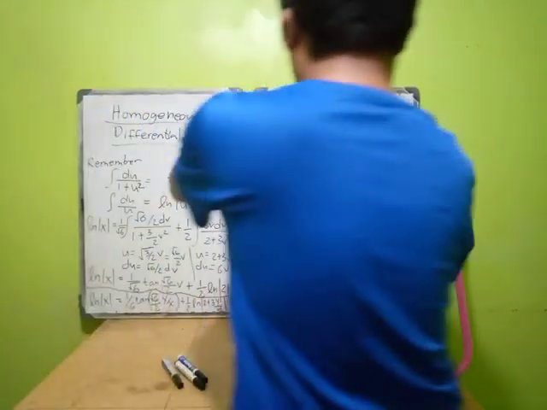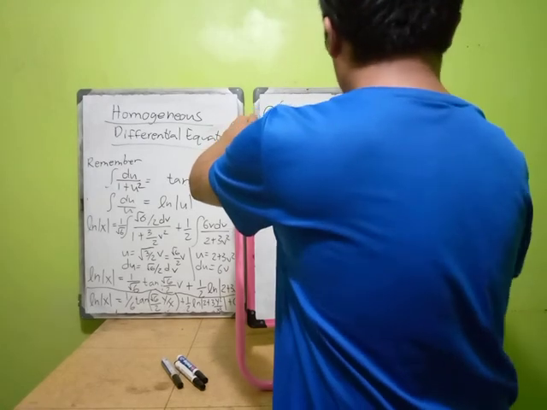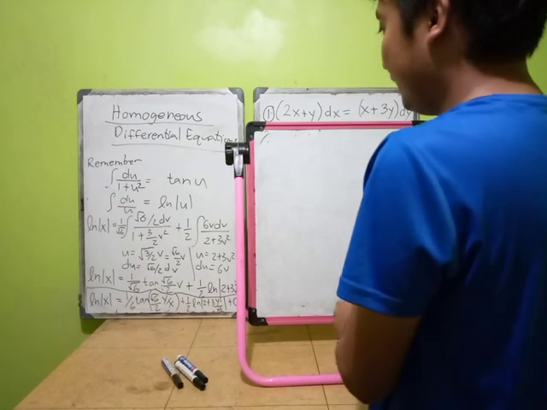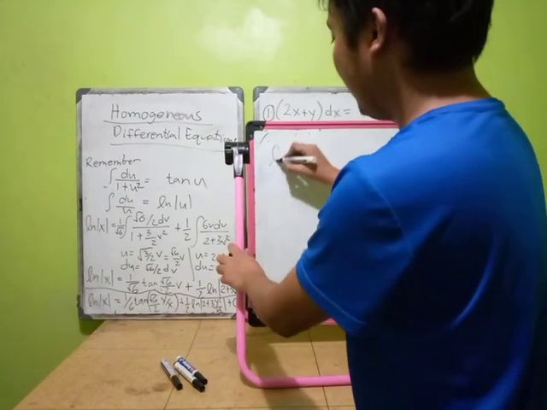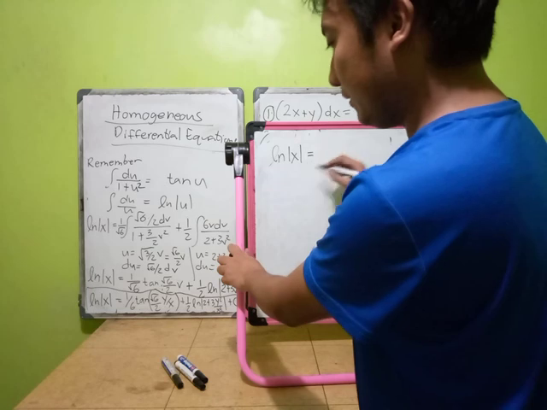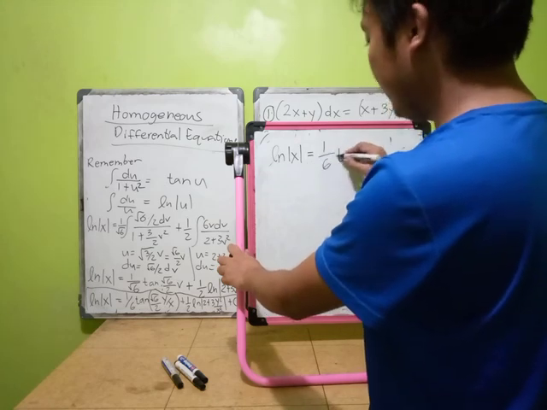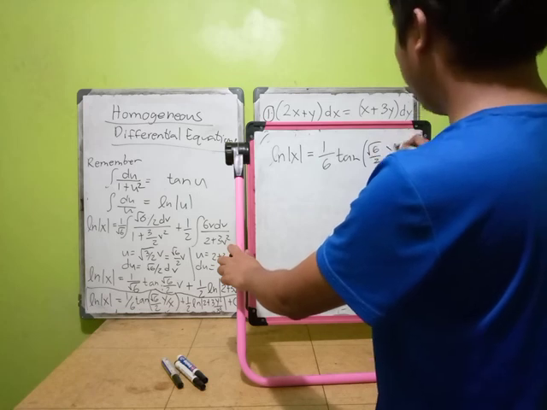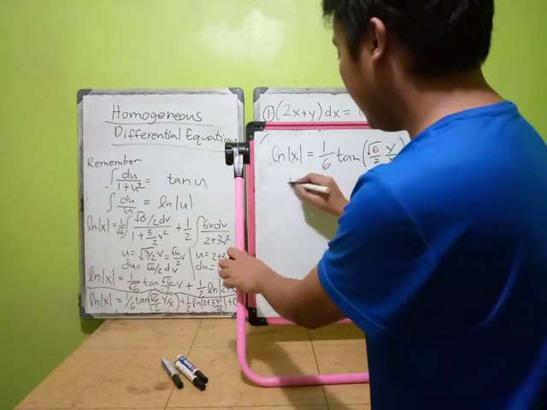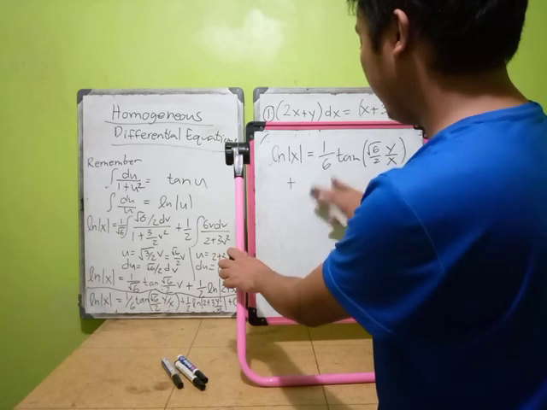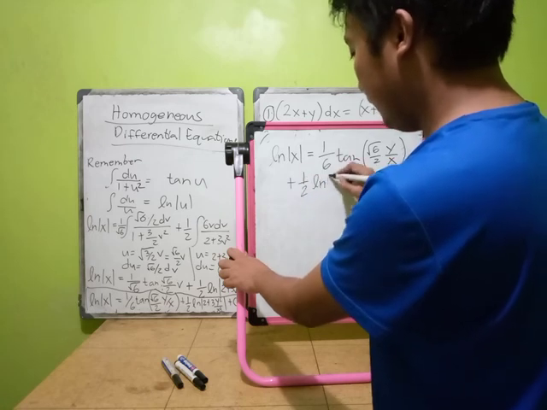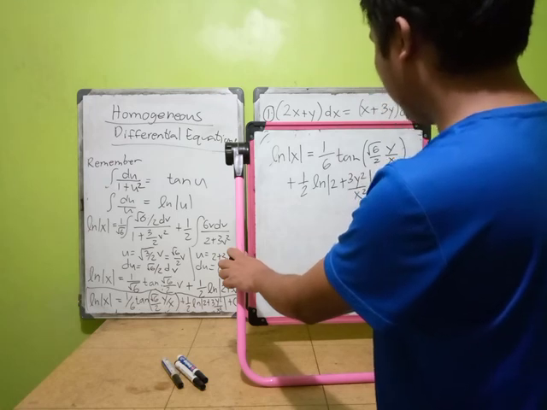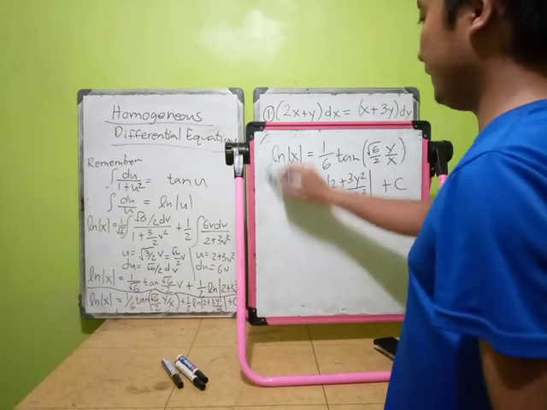So, yung final natin na sagot is, para mas malinaw kasi siksik yung isa, ln of x is equivalent to 1 over 6 tangent, okay, square root of 6 over 2 y over x plus 1/2 ln of 2 plus 3y squared over x squared. Okay, yan. Plus c. So, ito yung sagot.